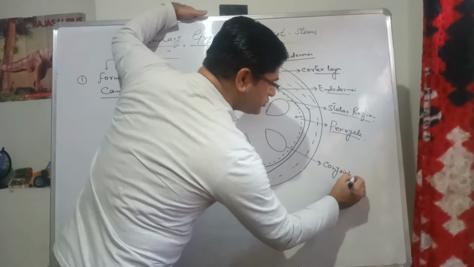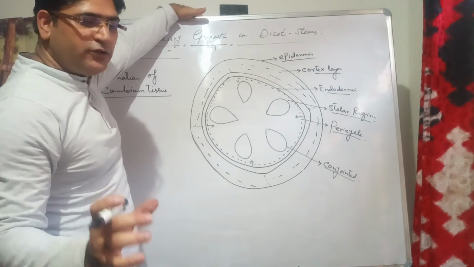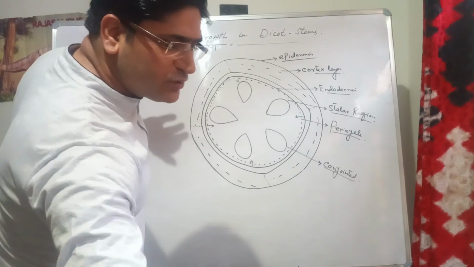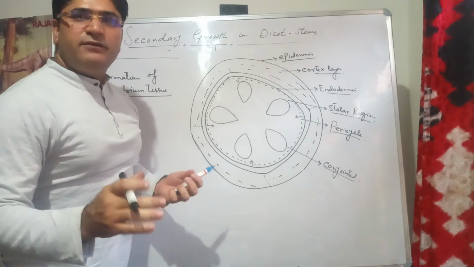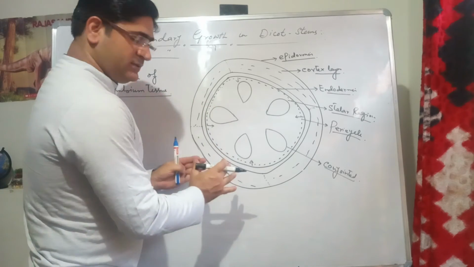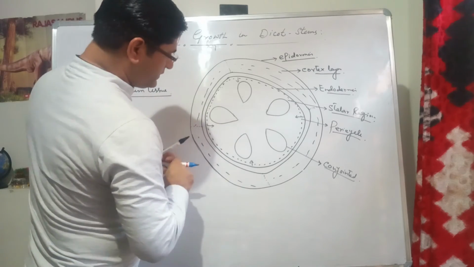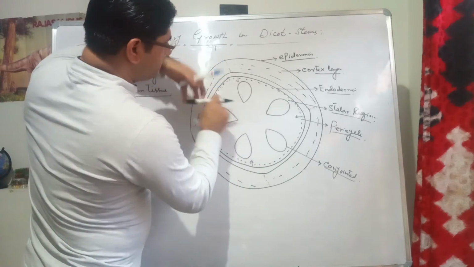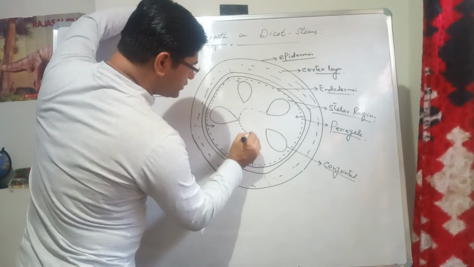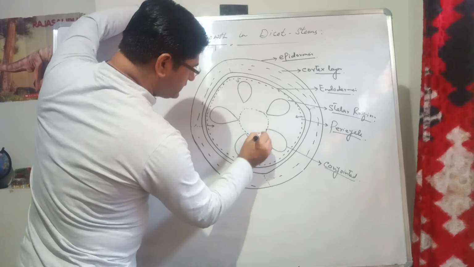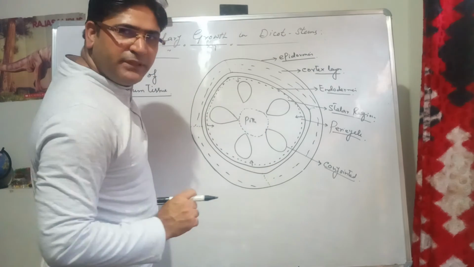These are conjoint. And conjoint means what? I told you, conjoint vascular bundles have the presence of xylem tissue and phloem tissue within the same bundle. Like this. This central region which is vacant over here is known as pith.